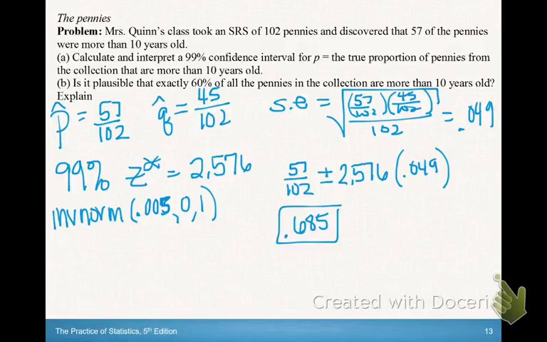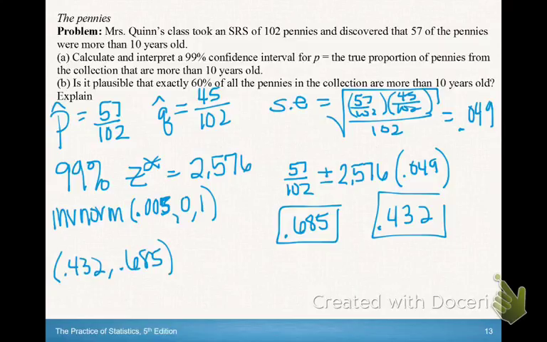When I do the subtraction, I get 0.432. So I'm going to say our interval is 0.432 to 0.685, and we are 99% confident. Remember, these are the words that we wrote the other day. We are 99% confident that the interval from 0.432 to 0.685 captures the true proportion of the pennies in the collection that are more than 10 years old.